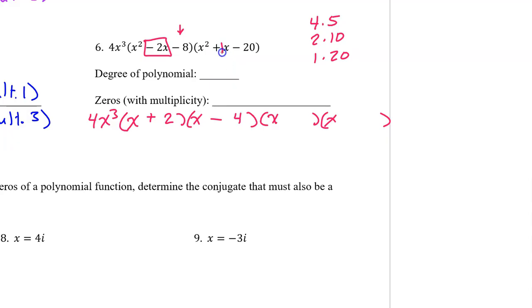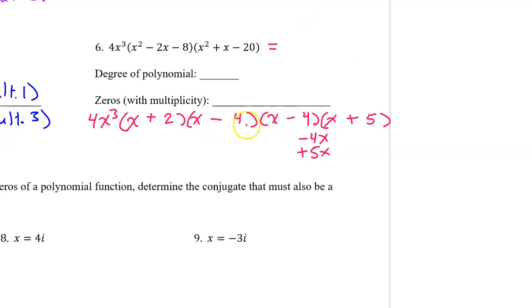Looking at the middle of positive 1x, let's go with 4 and 5, because those are 1 apart. So 4 times 5. Inner plus outer must equal middle. Inner, I have 4x. Outer, I have 5x. To get a middle of positive 1, the 4x needs to be negative and the 5x needs to be positive. So negative, positive.